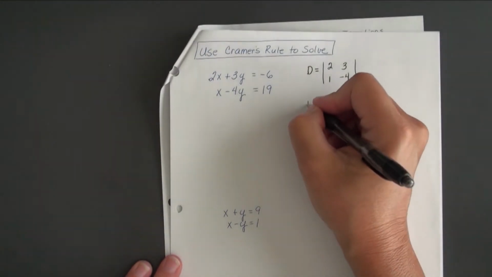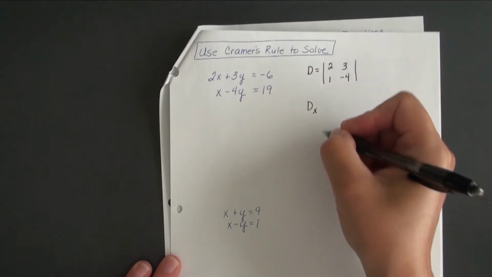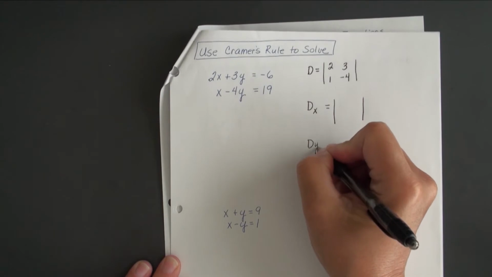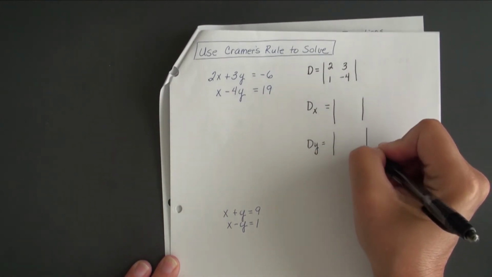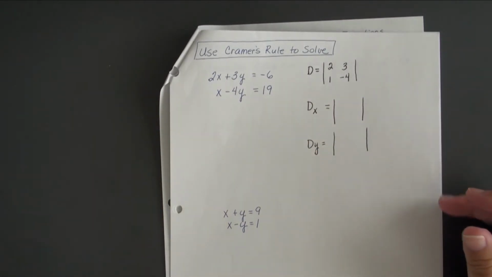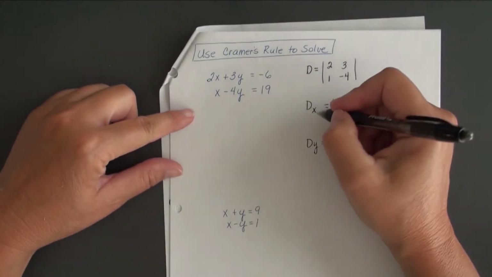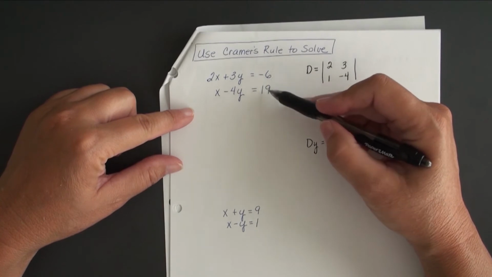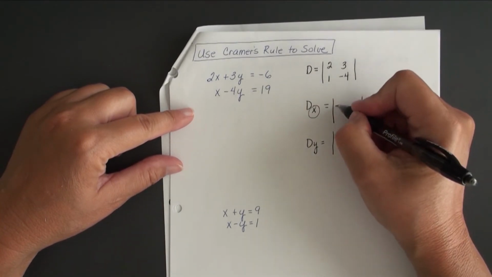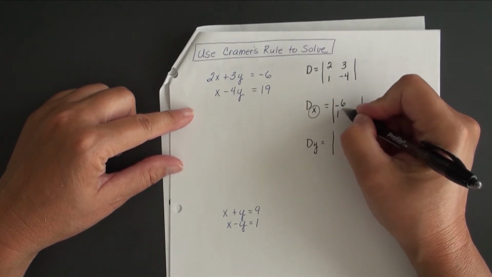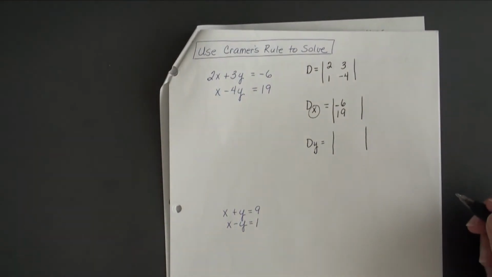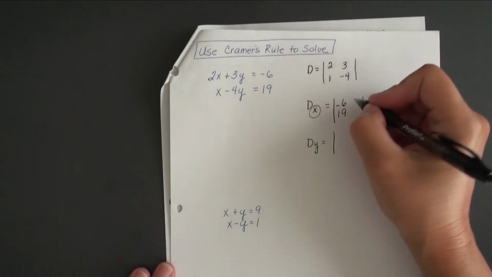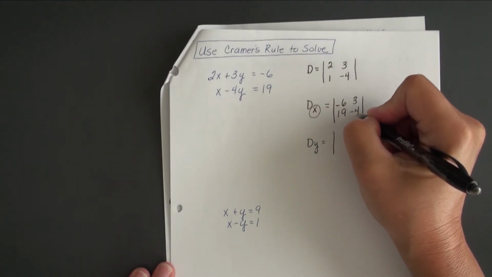We also set up what's called a D sub x determinant and a D sub y determinant. Now D sub x is found by taking the numbers on the right side of the equal sign and putting those in the first column where the x's normally go. Then the second column remains the same as the D.